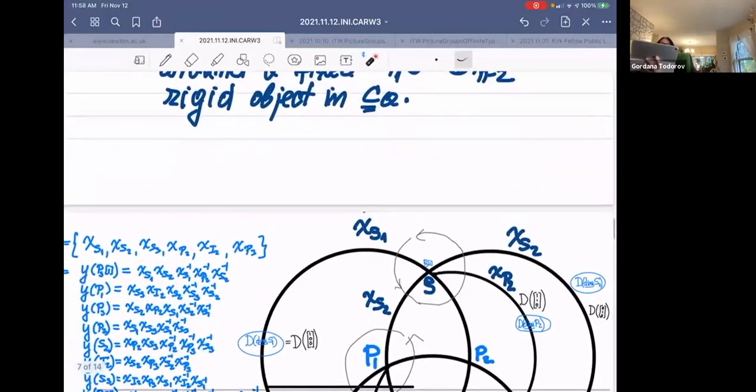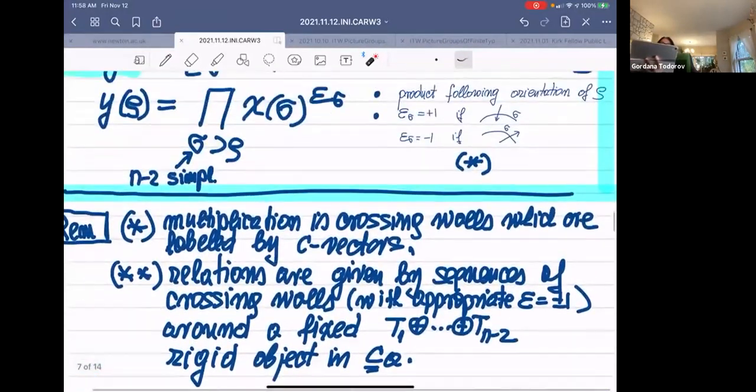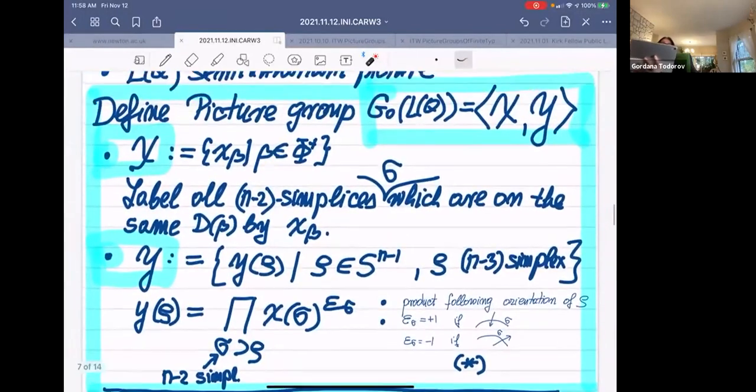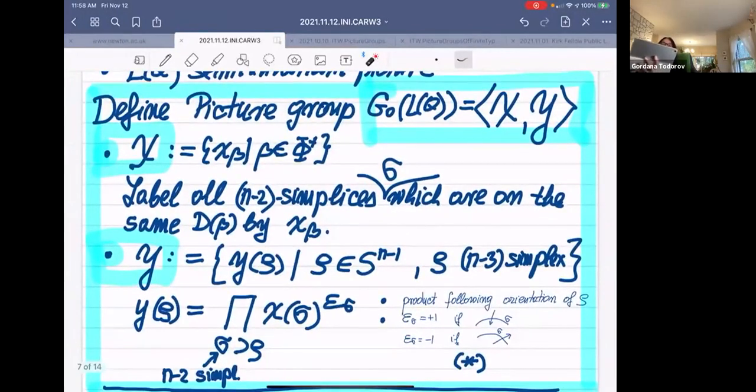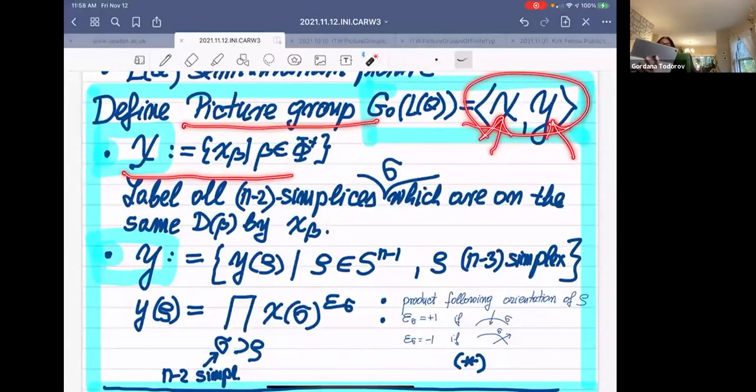So now let me just go back. I'm defining the picture group as a group given by generators and relations. Generators are all x betas for beta a positive root.